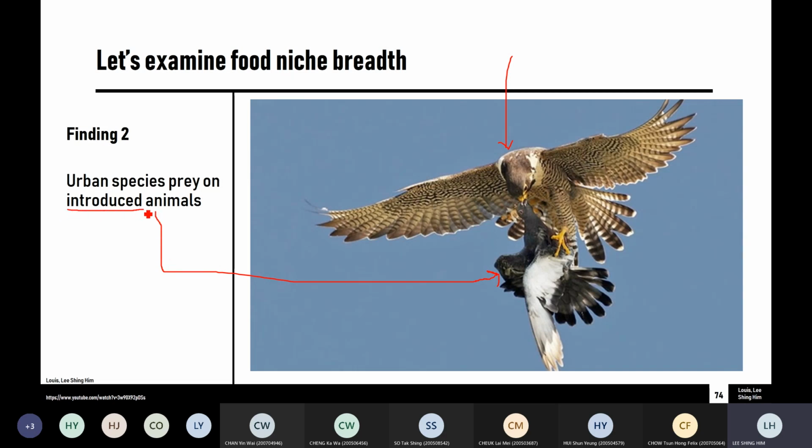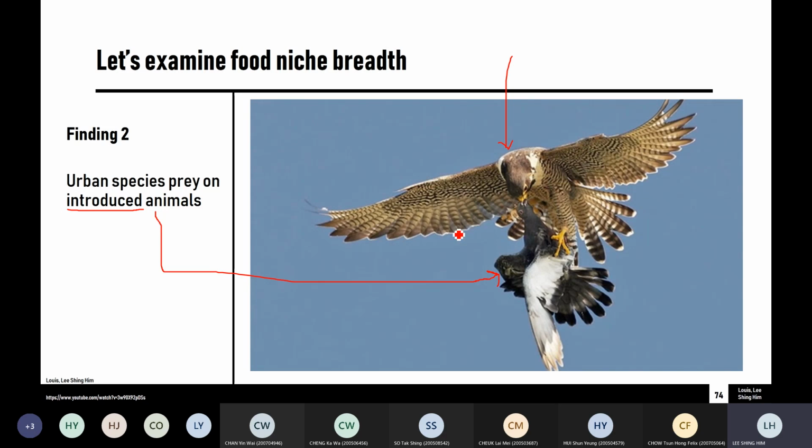Now this word introduced means that the animals live in cities, but these animals are brought into the cities by humans. Perhaps in the past, people kept pigeons for raising, 菜鴿, okay? But some may escape. Then the peregrine will catch these escaped pigeons.